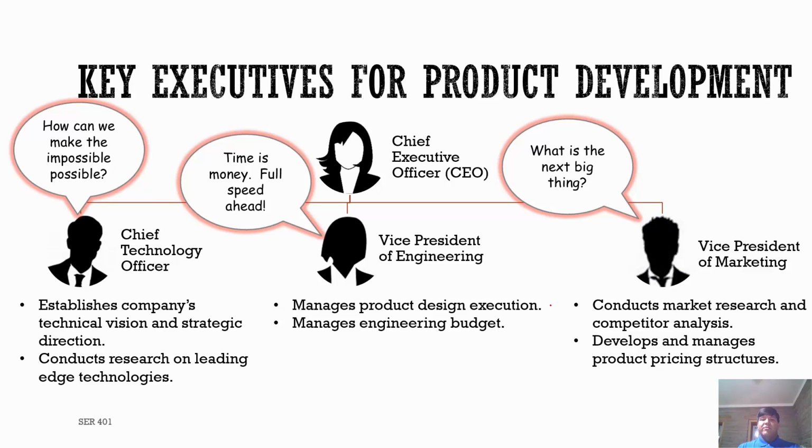The VP of Engineering says, time is money, full speed ahead. They're trying to just build what needs to get done. Lastly, for marketing: what is the next big thing? They're trying to reduce that uncertainty. They're trying to predict what is going to be the next thing. So maybe the VP of Marketing works with the CTO to make that happen before handing something over to the VP of Engineering.